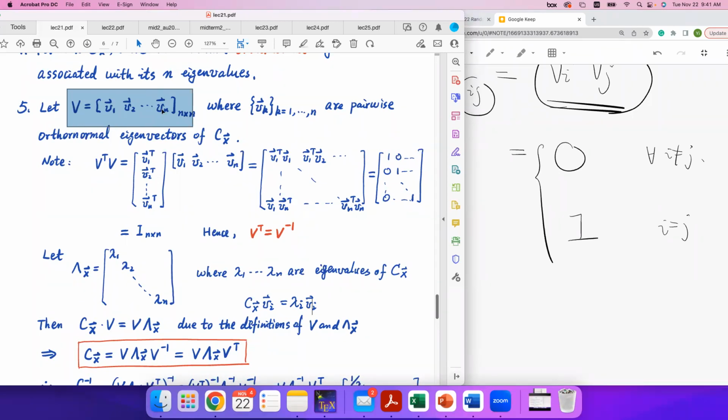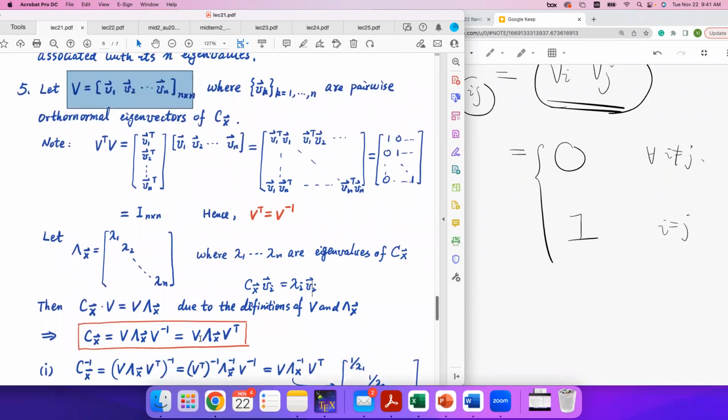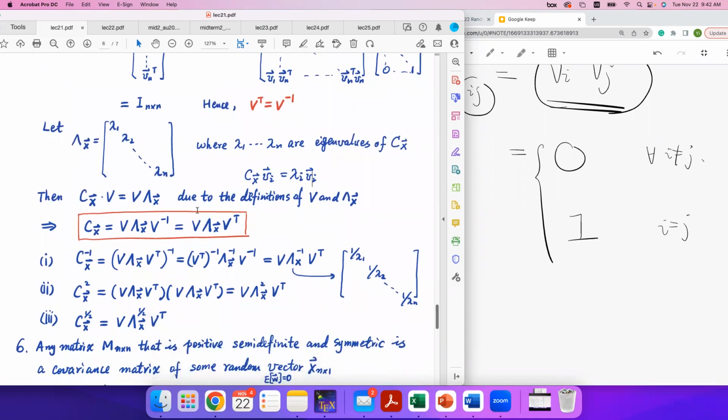V is defined in this way, and V transpose is the transpose of V. And in between, we have the diagonal matrix, this big lambda matrix. This matrix is a diagonal matrix formed by stacking all the eigenvalues on the diagonal. So this is the standard eigen decomposition.